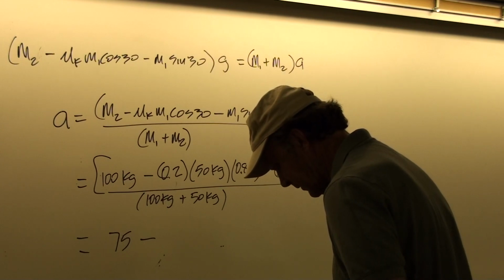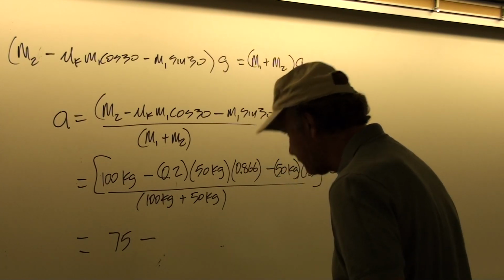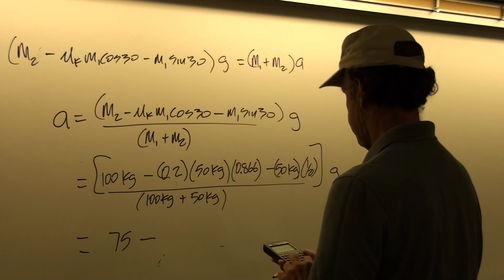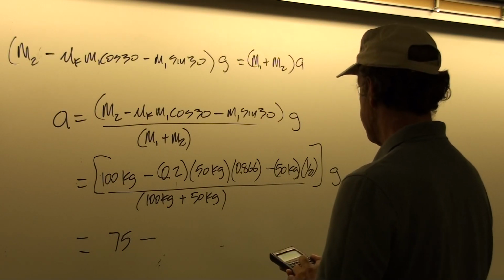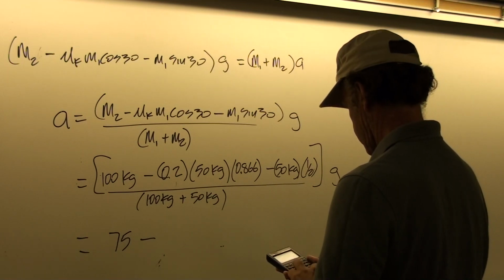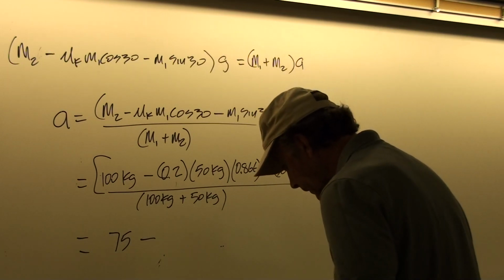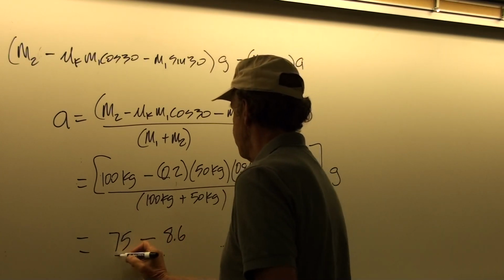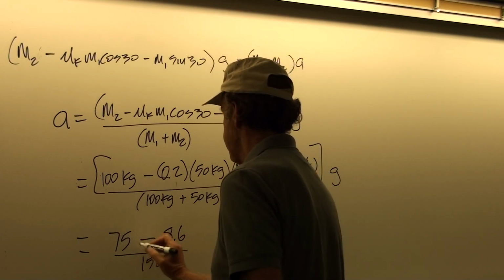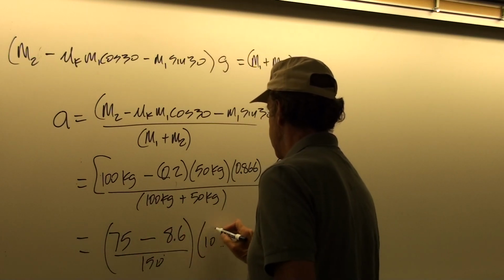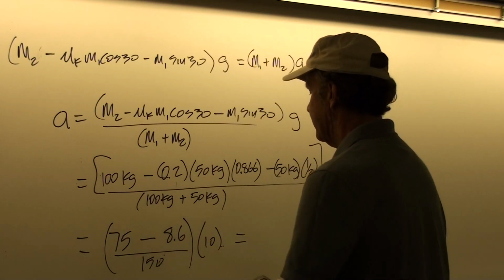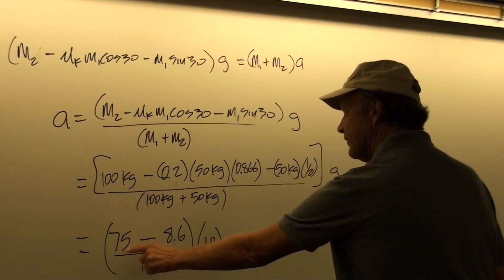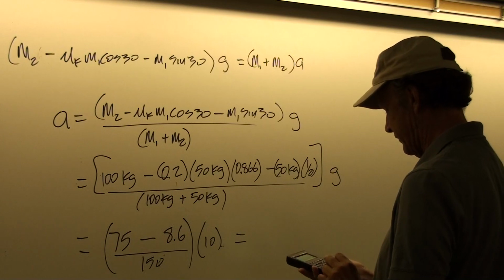Okay, so that's going to be, let me just do that one more time. All right, that gives me 8.6 divided by 150, all times 10. Okay, so that'll be less than 1/2. This was 75 over 150 before, but it's 75 minus 8.6 over 150 now.